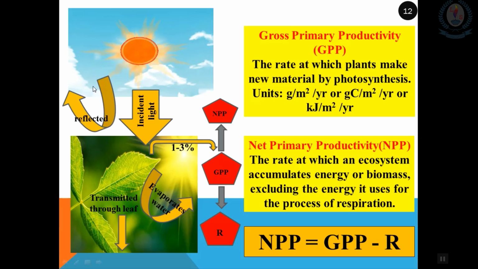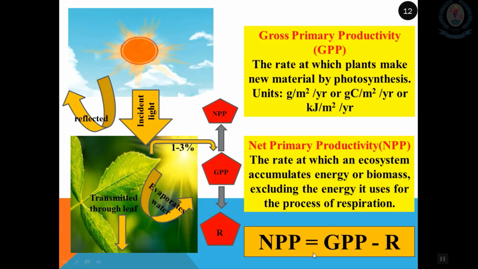And also a small percentage of it goes to what we call the net primary productivity, where new materials produced by photosynthesis are stored inside plant body tissues. As we consider this equation, net primary productivity is equal to the gross primary productivity minus the energy of respiration.